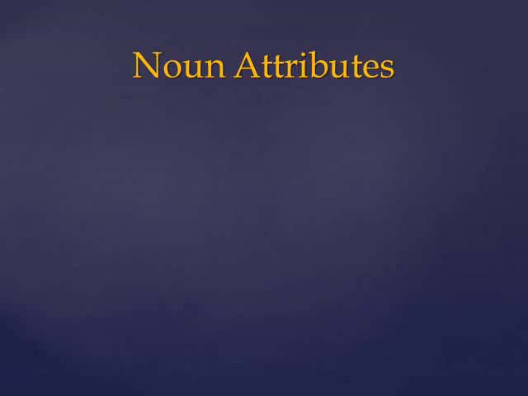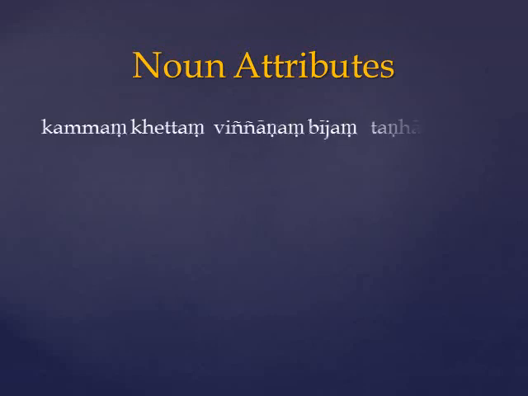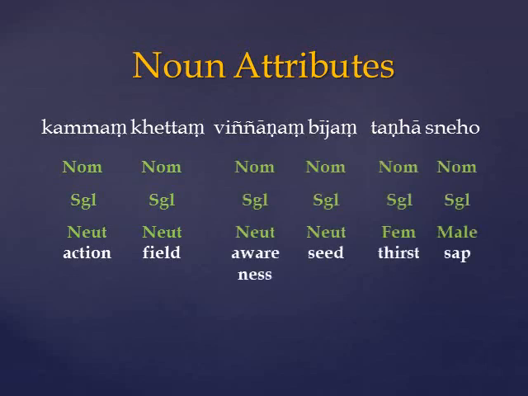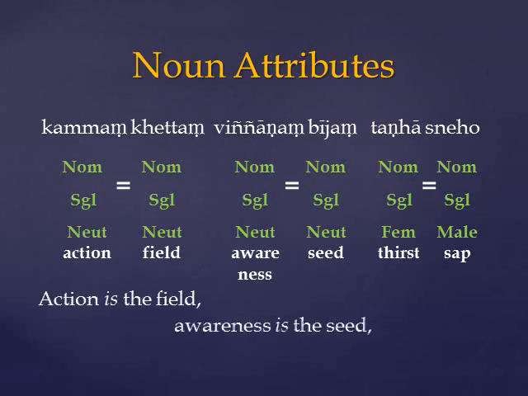So for instance, in this Pali sentence, we have 6 substantive nouns, and no verbs at all. Now each of the nouns are in nominative singular, and we can see that they form pairs. And from this we can infer that they're actually equational phrases, the two nouns being linked by an implied is. So we can translate this as action is the field, awareness is the seed, and thirst is the sap.